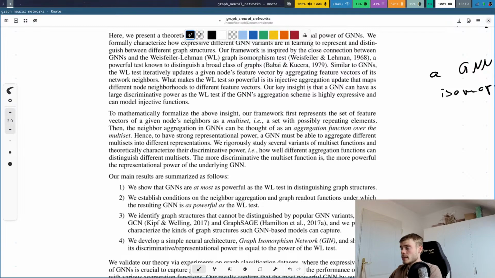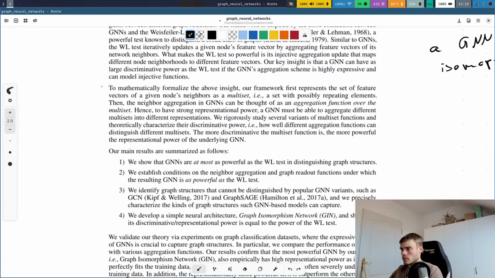Our key insight is that a GNN can have as large discriminative power as the WL test if the GNN's aggregation scheme is highly expressive and can model injective functions. To mathematically formalize the above insight, our framework first represents the set of feature vectors of a given node's neighbors as a multiset, i.e., a set with possibly repeating elements.